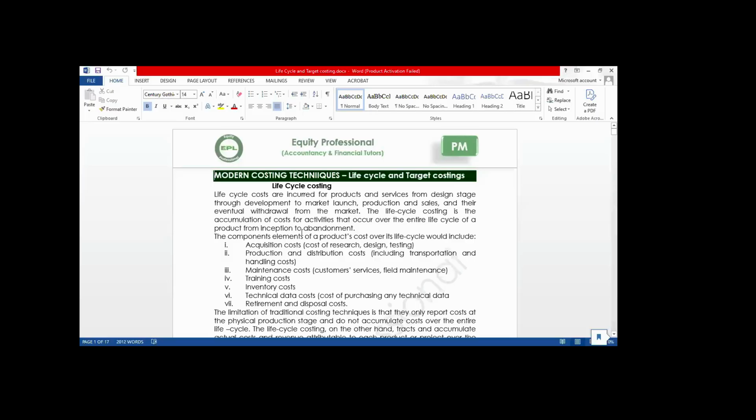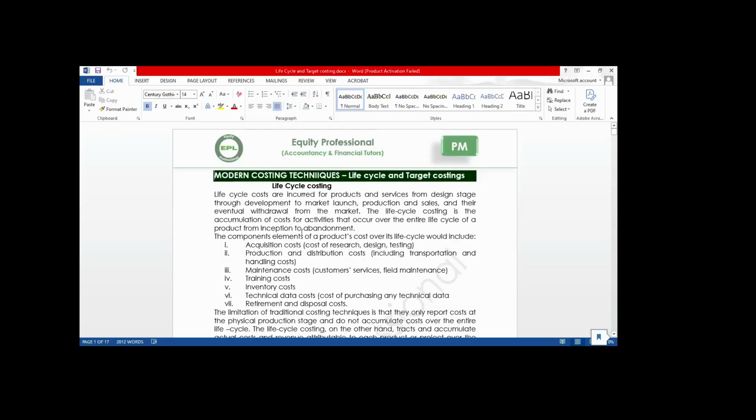However, when we get to modern costing system, manufacturing companies now use technology, high-tech machinery, to drive production.